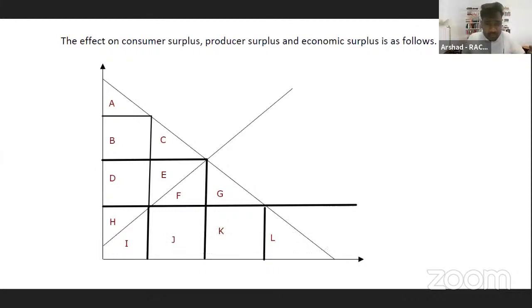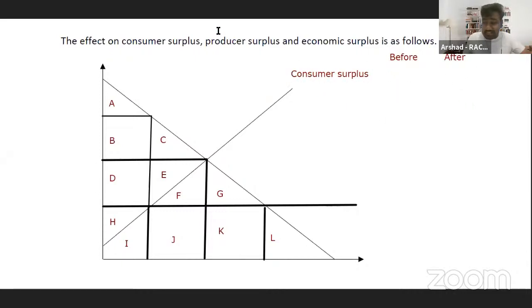So we'll start with before and after. Shall we start off with simple things? Can you tell me what is the consumer surplus before the maximum price? Forget that there was a maximum price. What is the consumer surplus before, guys? Tell me the letters here. These are basics. You don't even have to know maximum price for this.